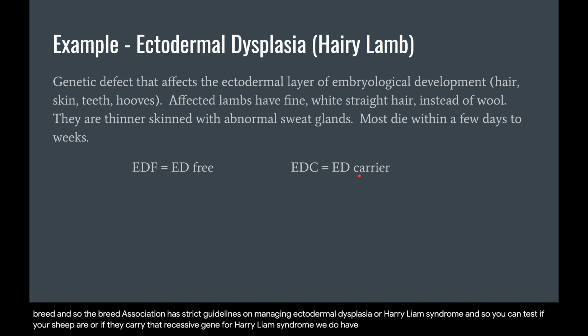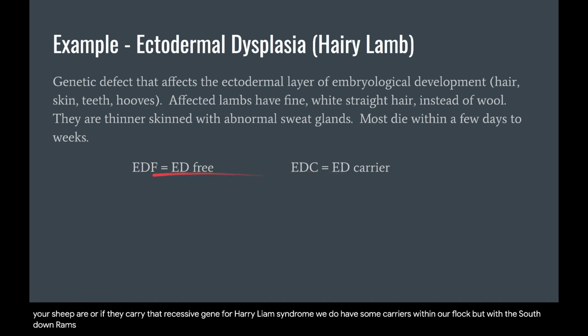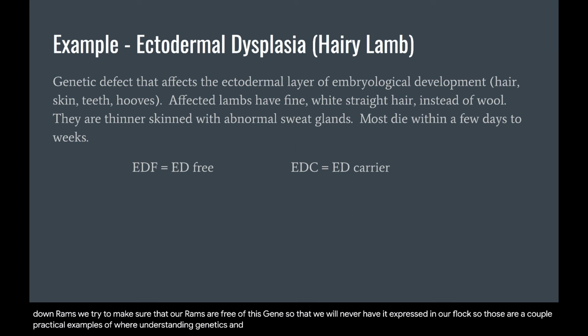We do have some carriers within our flock, but with the Southdown rams, we try to make sure that our rams are free of this gene so that we will never have it expressed in our flock. So those are a couple of practical examples of where understanding genetics, and understanding that there are tools for producers to make production decisions, even on something simple like this, helps keep certain recessive problem genes out of their flock.